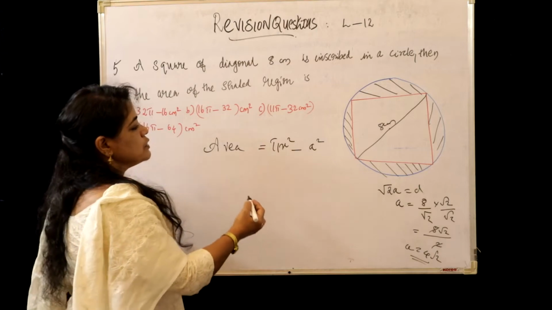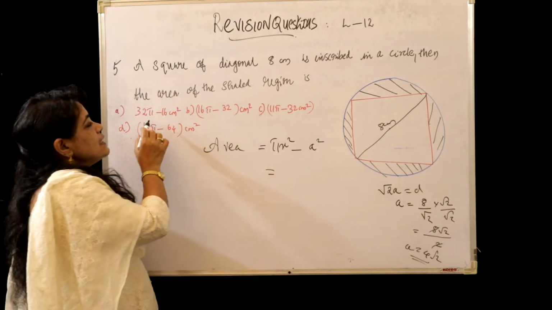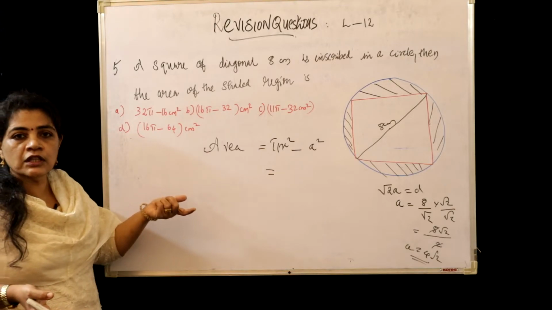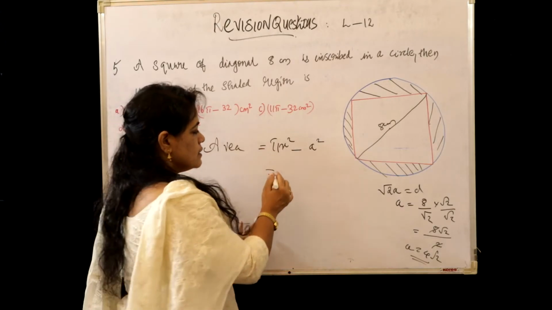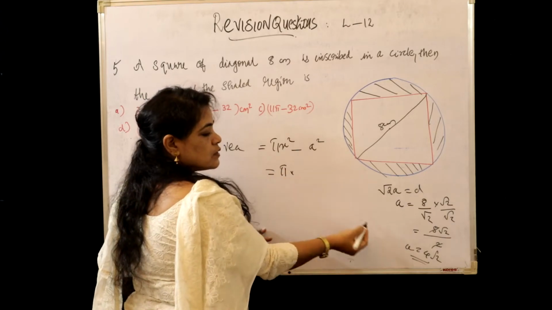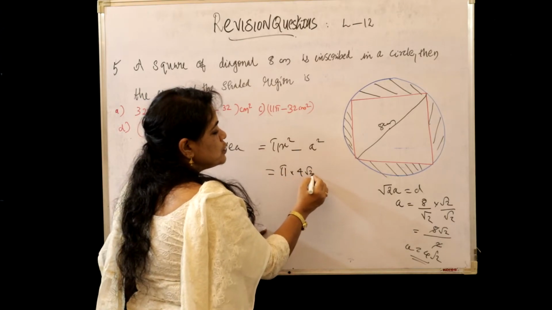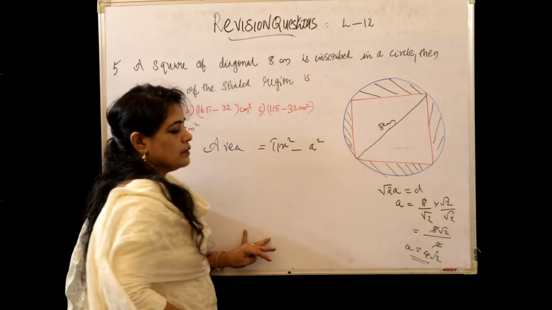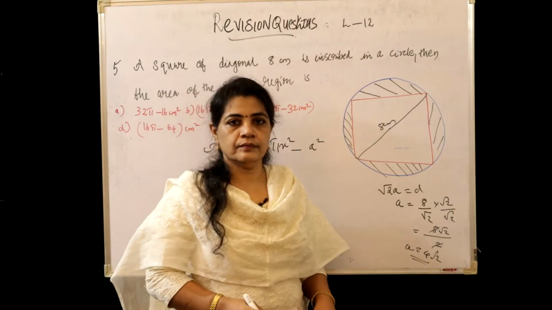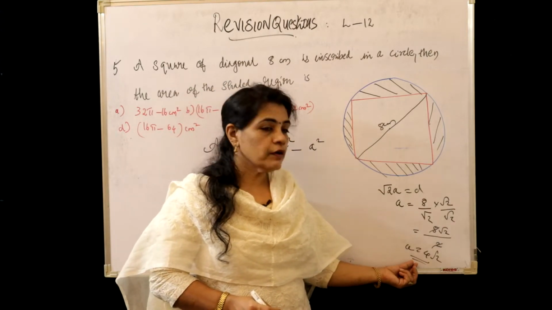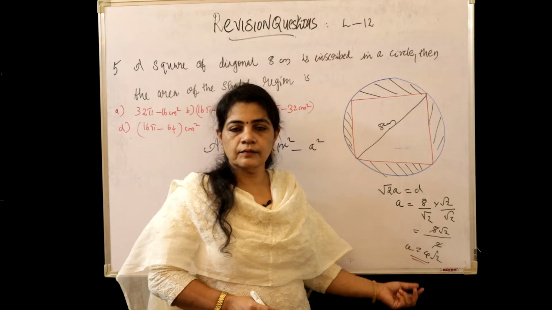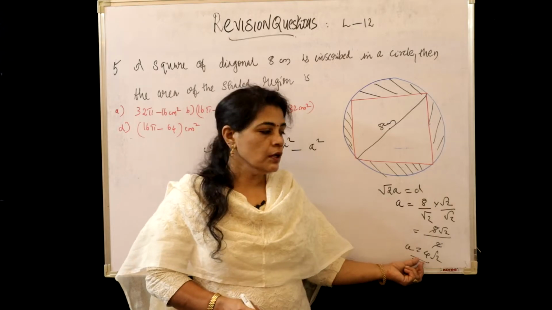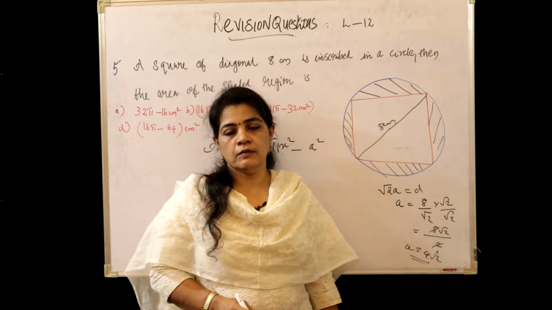Okay, so I am going to substitute here. See children, the answer is in terms of pi, so no need to substitute for pi as 22 by 7 or 3.14. I am keeping pi as it is. So the side of the square is equal to 4 root 2 centimeter.